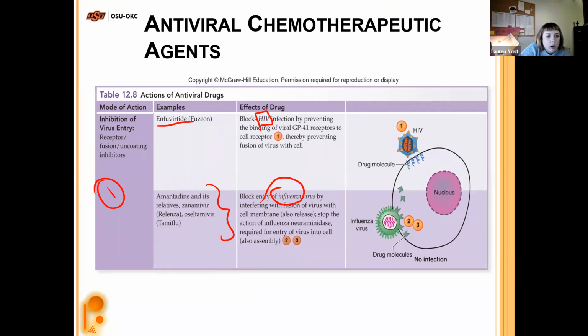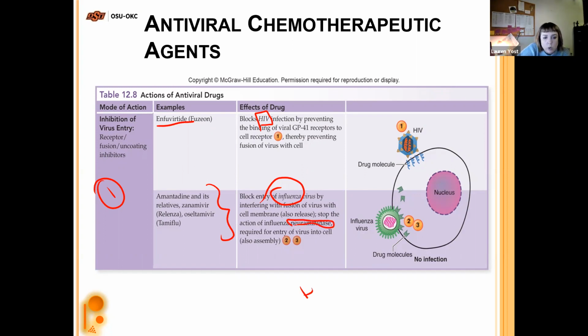So when we talk about Tamiflu, Tamiflu is a pretty good one. I think we're going to see a little slide of it later, but essentially, it's a drug. It does both entry and also assembly. Basically it affects the neuraminidase, which is a molecule.